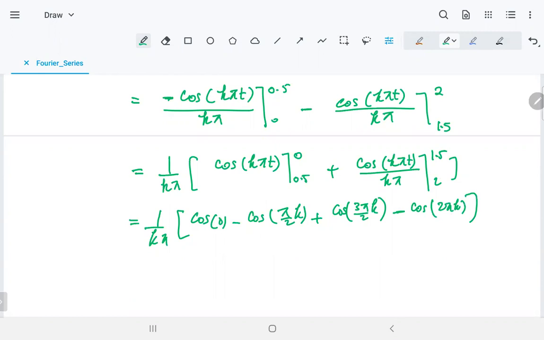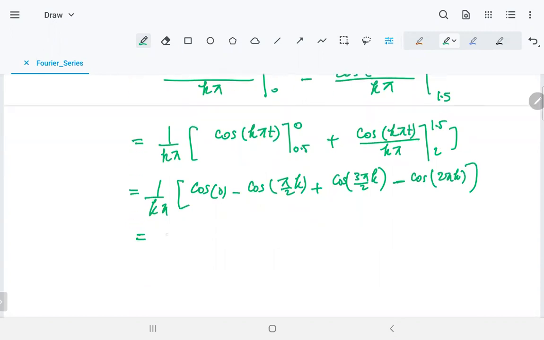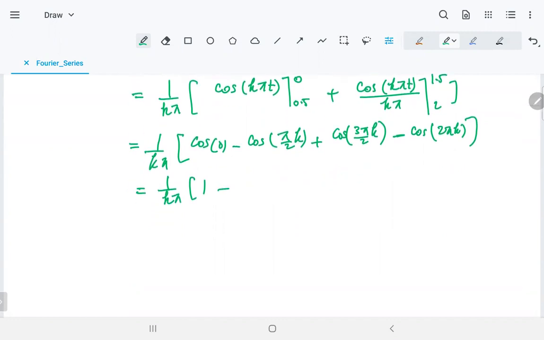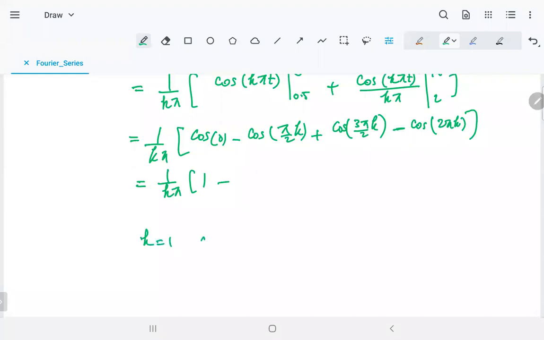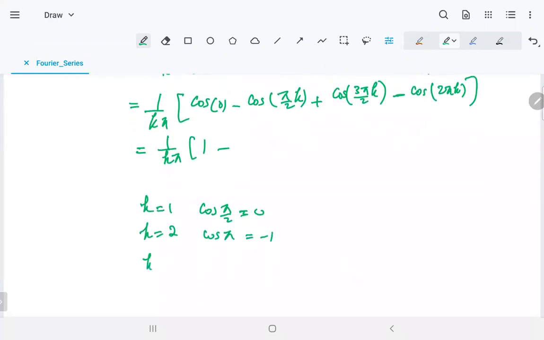We'll look at each term. Cosine 0 is equal to 1. Minus cosine pi k over 2, that has issues. When you put k equal 1, you get cosine pi over 2, which is 0. When you put k equal 2, you get cosine pi, negative 1. When you put k equal 3, you get 0 again.